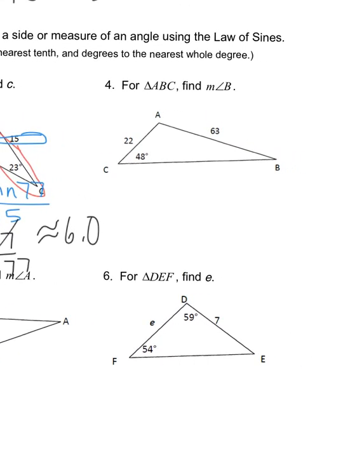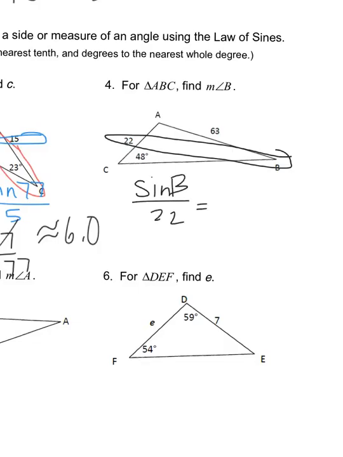And then for number 4, find the measure of angle B. So angle B matches up with 22, so sine of B is to 22, as 48 degrees matches up with 63. And then you're going to cross multiply. So it's 63 sine of B equals 22 sine of 48.